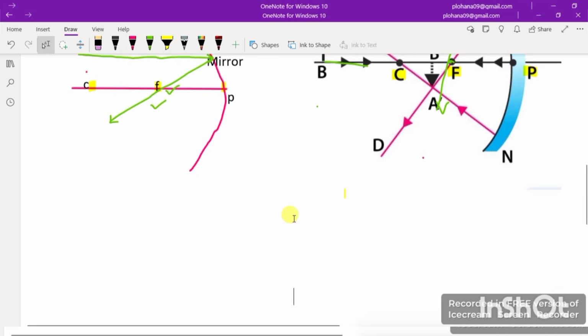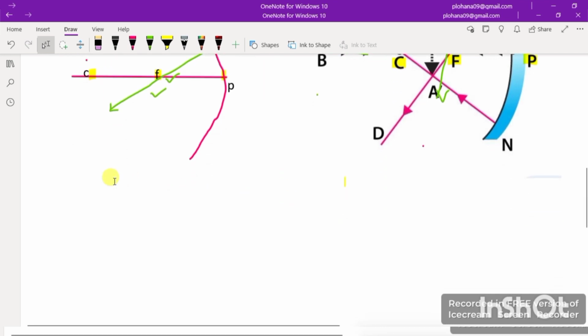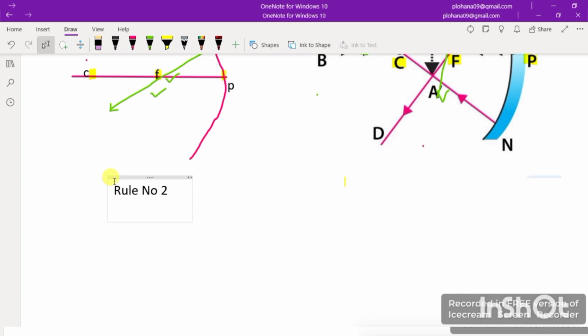Okay, so now I'm going to explain to you rule number two. What does rule number two say?